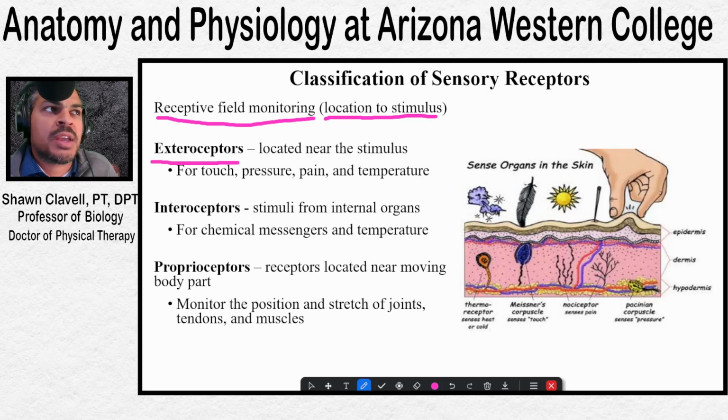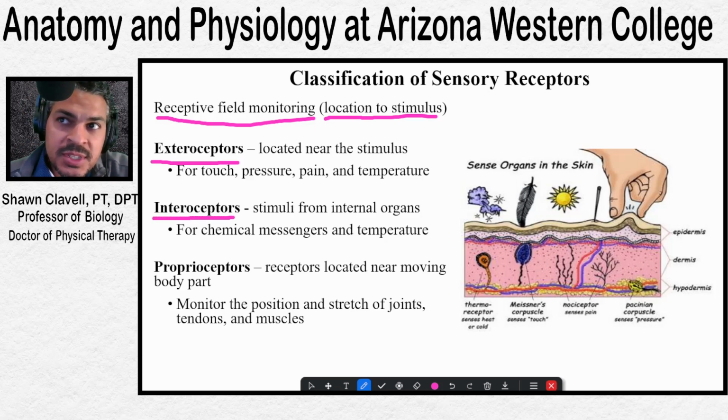They monitor the external environment, the outside world, so they monitor touch, pressure, pain, and temperature, and they're located near their stimulus. This is the idea you see here on the right side of the screen, where the receptors are located towards the surface of the skin. They monitor the environment on the outside of the organism.